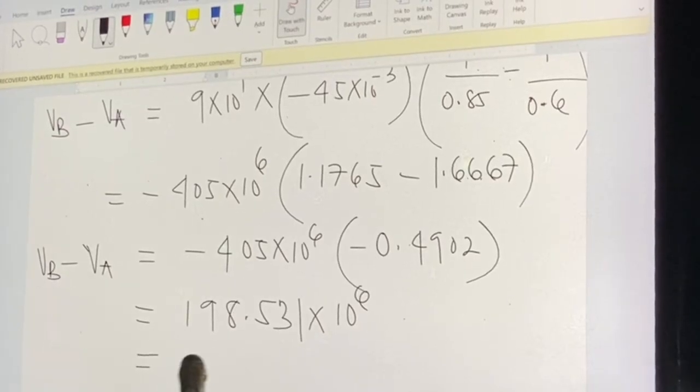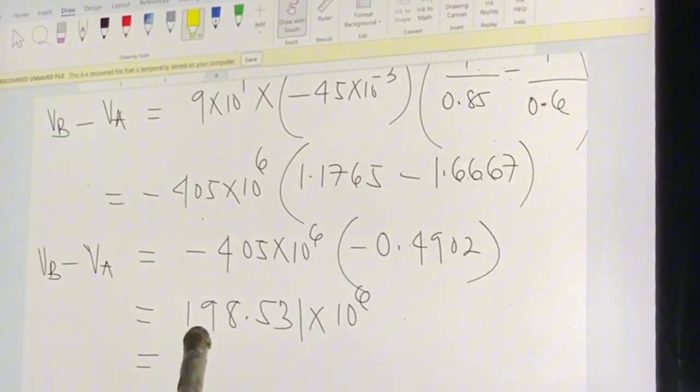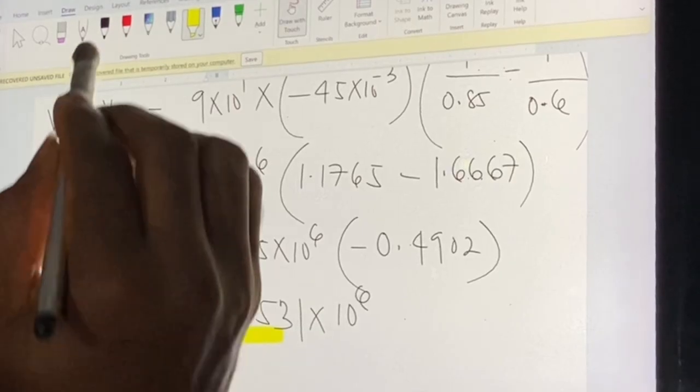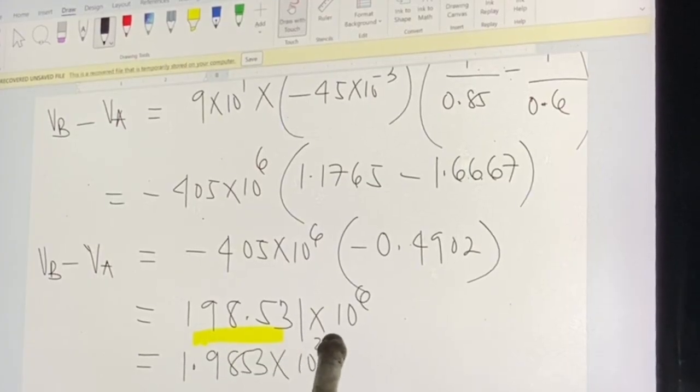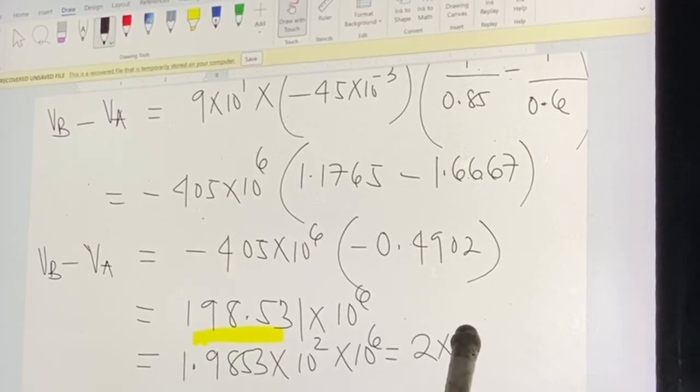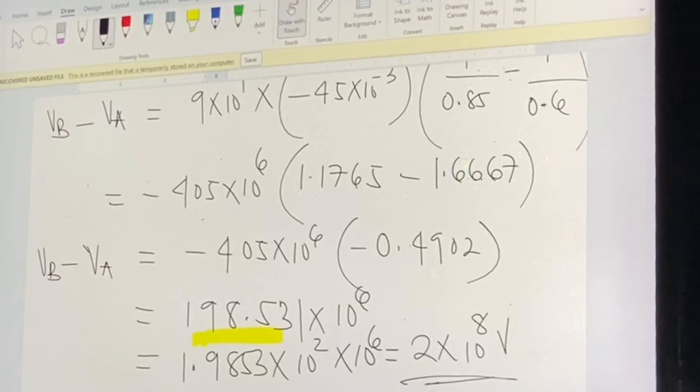So finally, to convert everything to standard form, I will have 1.9853 times 10 raised to the power of 2 times 10 raised to the power of 6. So finally, approximately 2 times 10 raised to the power of 8 in volts. Okay, so our answer here is 2 times 10 raised to the power of 8 volts, approximately.